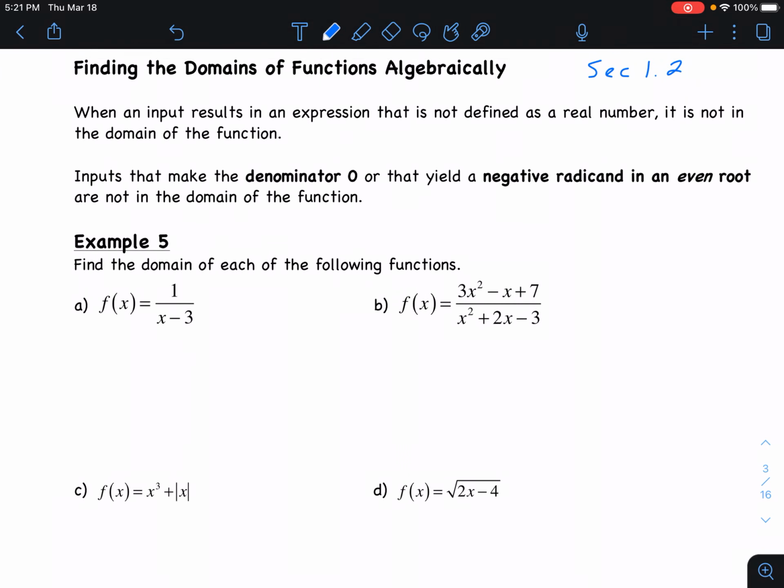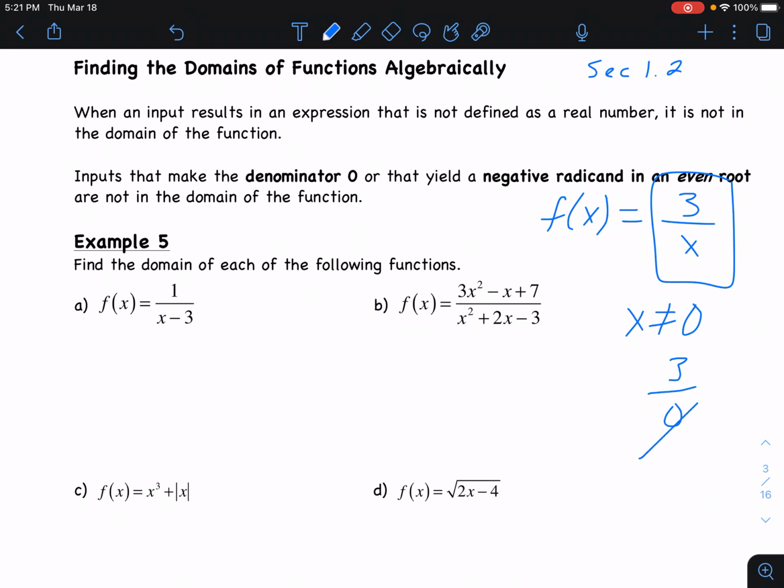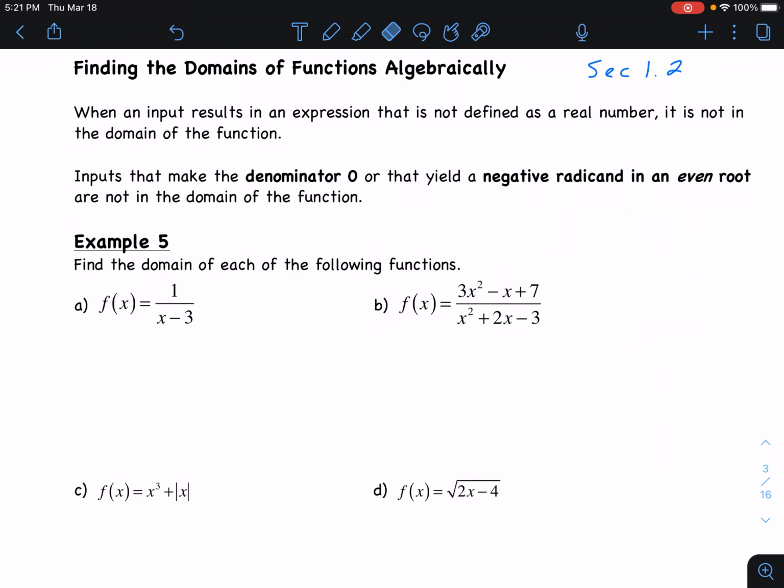So say if I got f of x equals 3 divided by x. If we look here, we would say x cannot be 0. So it could be any number in the world except not 0. Because if it was 0, 3 over 0 is not okay, and that would be undefined.